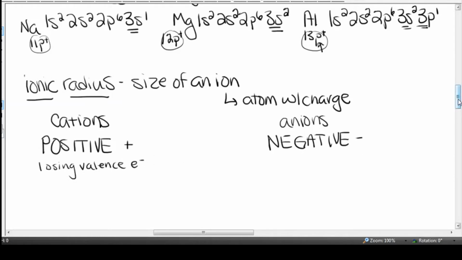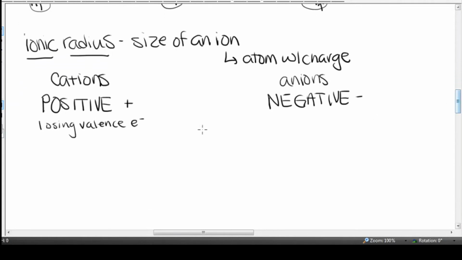Let's look at what would happen to sodium if it lost valence electrons. So remember, we put in this configuration before: 1s2, 2s2, 2p6, 3s1. If this electron were lost, this energy level is now empty. And so now the outermost electron is in the second energy level.